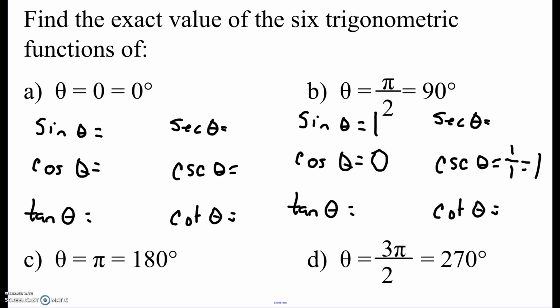Cotangent, which is x over y, or cosine over sine, is 0. Tangent and secant both have the x-coordinate in the denominator. So again, these are undefined.